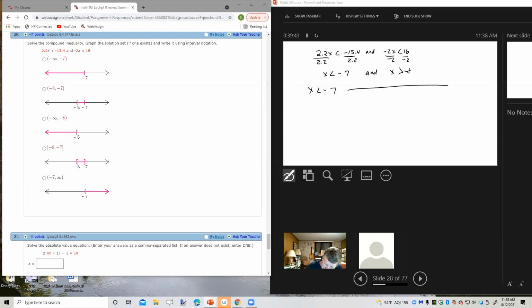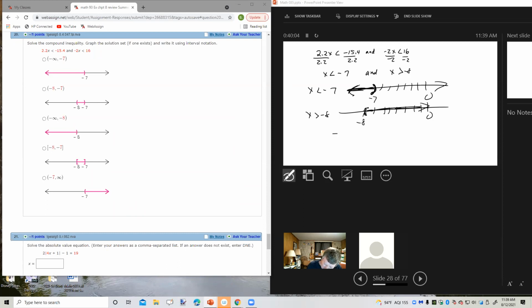So x less than -7 looks like that. x greater than -8 looks like that.